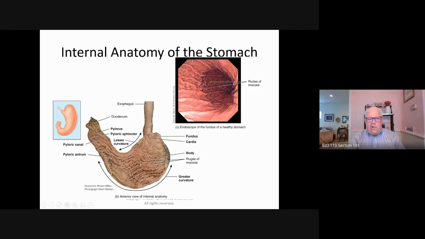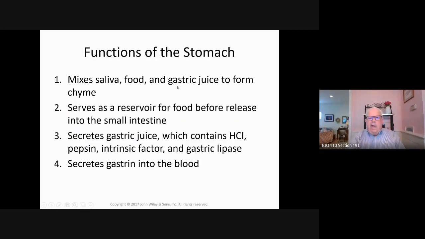Okay? Here's rugae. Here they are. These are the folds of the stomach that enlarge to accommodate more food. Here you can see it. All right? The functions of the stomach: to move food into the duodenum, to store that food until the small intestine is ready for it.